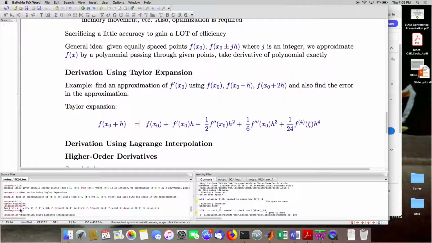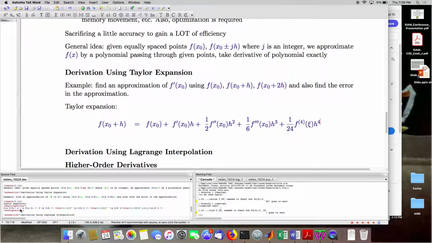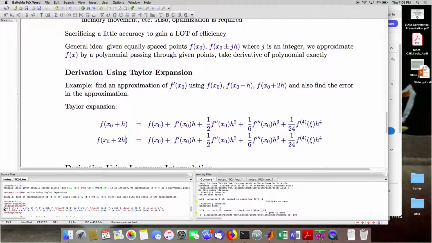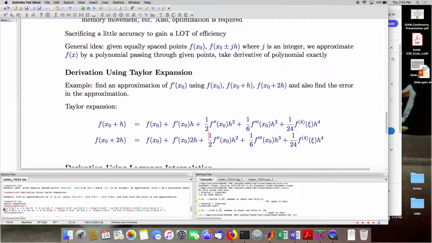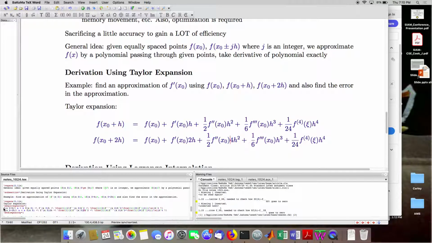All right. Then I will repeat with f of x naught plus 2h. So h gets replaced by 2h throughout. Here we'll have 4h squared over 2, which simplifies to 2h squared altogether, so I'll just get rid of this fraction here.